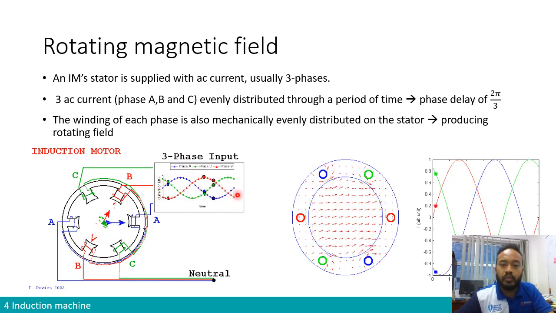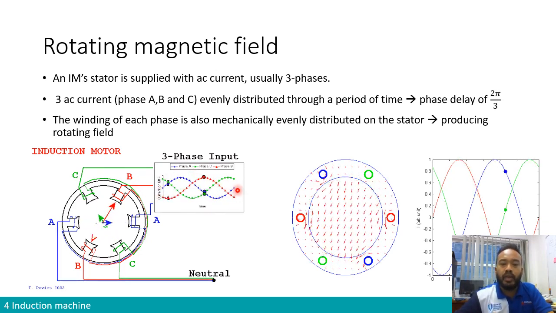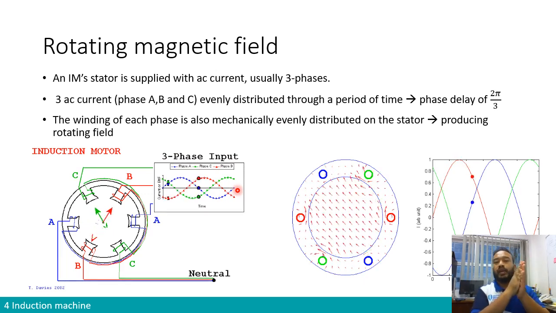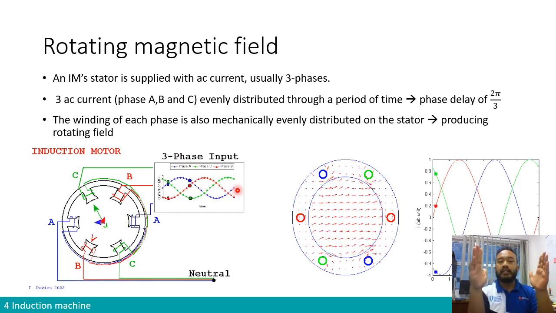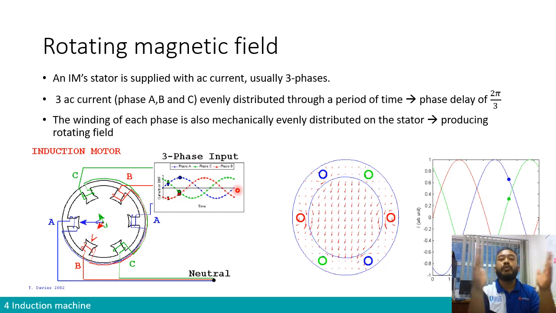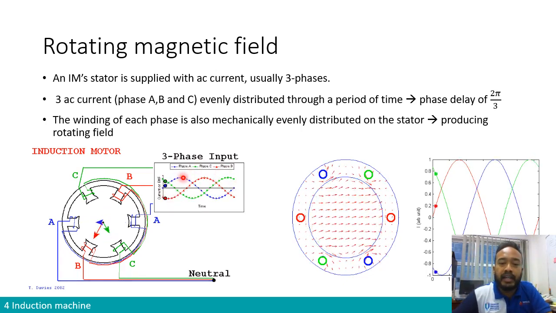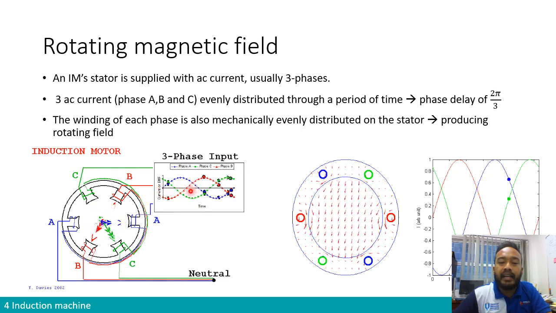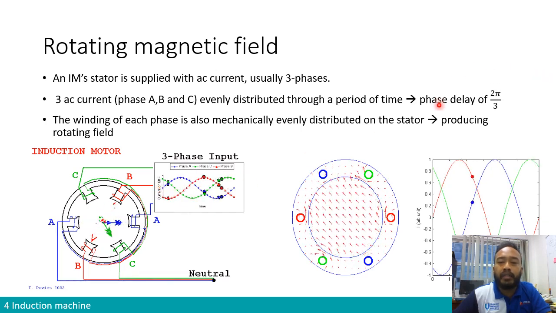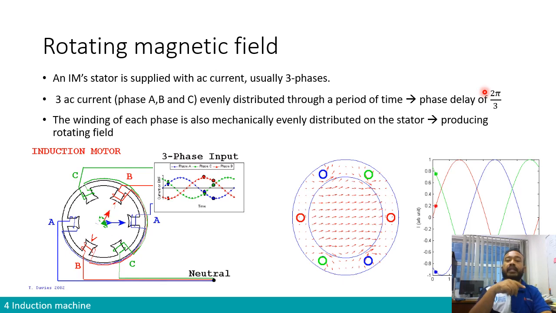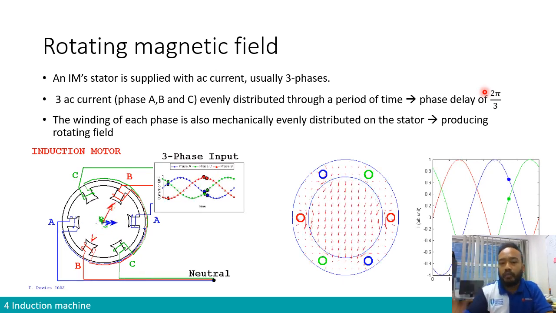Across this 2 pi radian, or one rotation, we are going to place three currents that are evenly distributed in terms of phase. So you have three currents that are delayed with respect to each other by 2 pi over 3, because one period is 2 pi divided by 3.